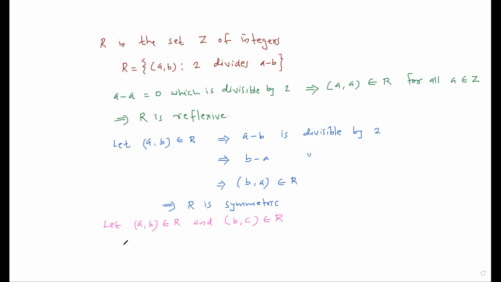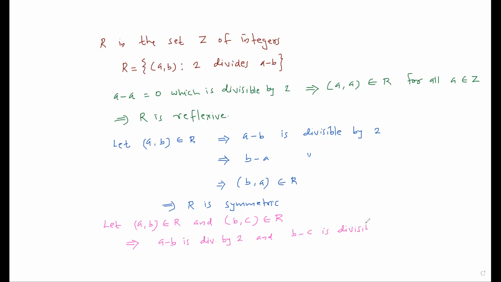Now we have to prove a is related to c. So this implies a minus b is divisible by 2, and b related to c means b minus c is divisible by 2.